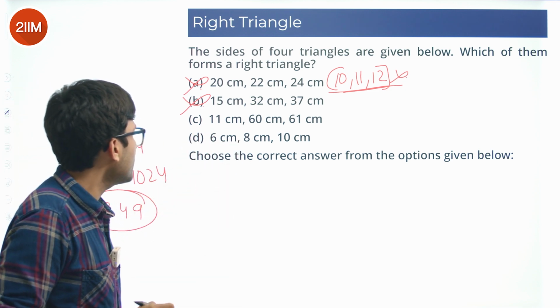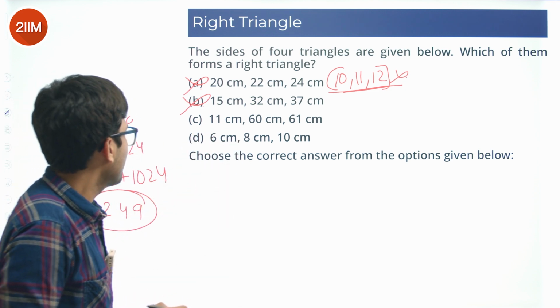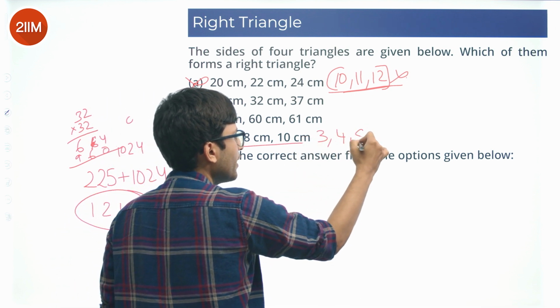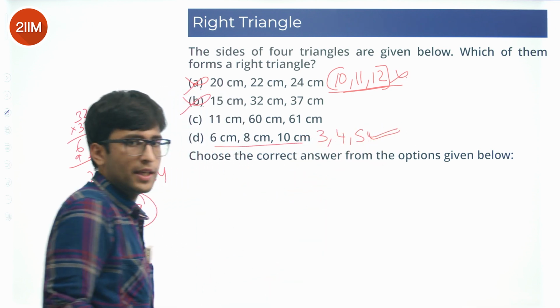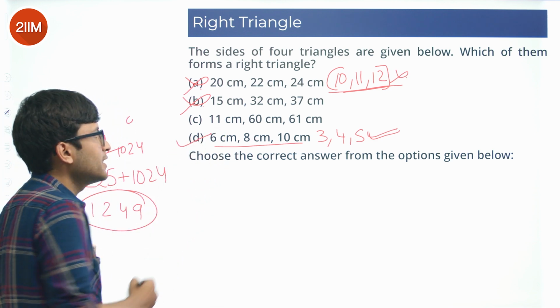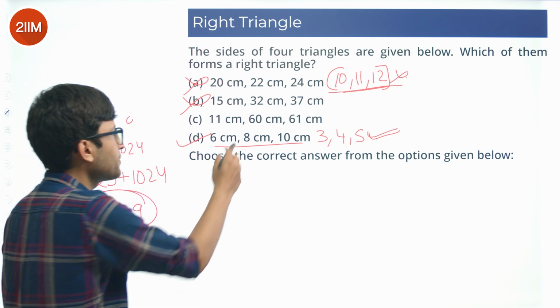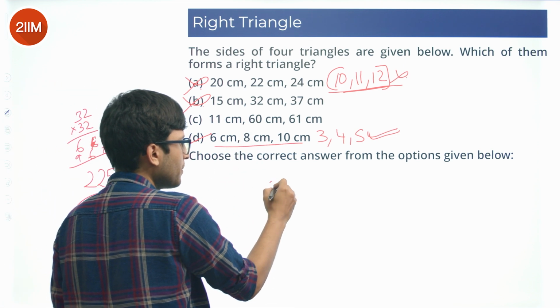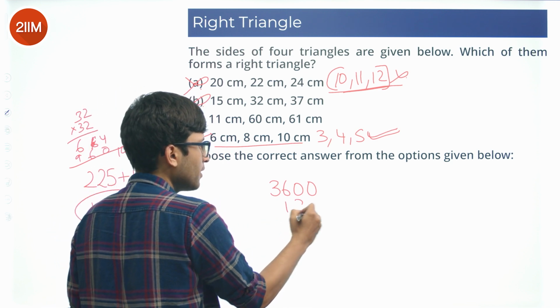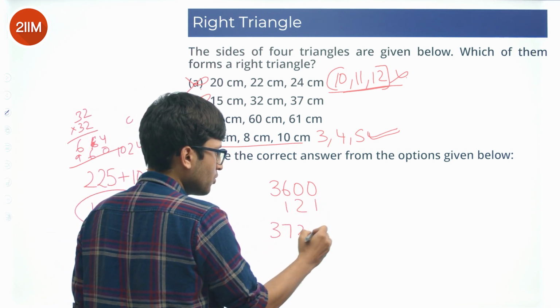The third option, 11, 60, 61. First of all, fourth option directly I know this can be written as 3, 4 and 5, which is a Pythagoras triplet. So D will be my answer. D is my answer. Let us understand C option. Okay, so C option, 60 square will be equal to 3600. 11 square will be equal to 121. So 3721.